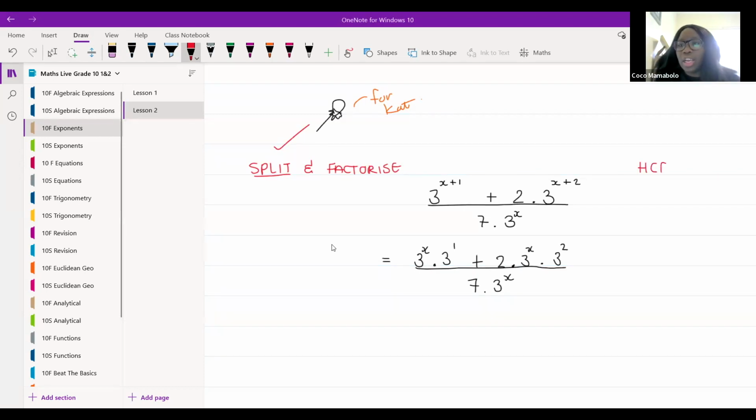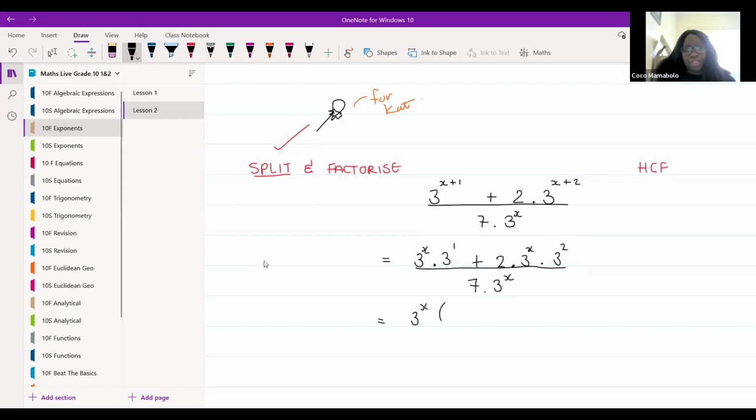HCF. Now, if we look at this top part, there are two terms. There's the first term and the second term. What do they have in common? 3x. Not 3x, it's 3 to the power of x, but we know where Amanda was going with that. So we're going to take 3 to the power of x out as a common factor.